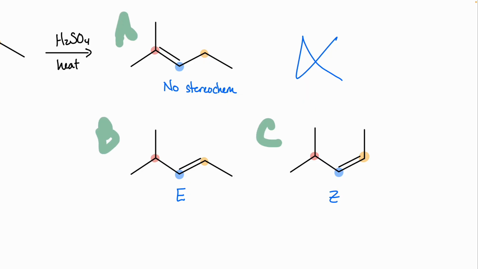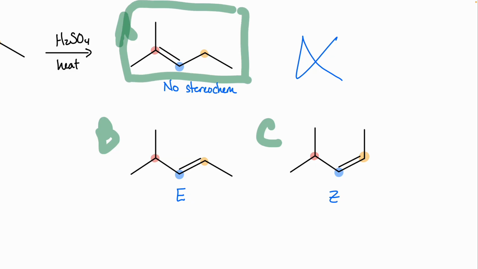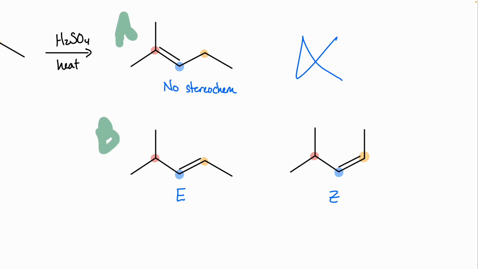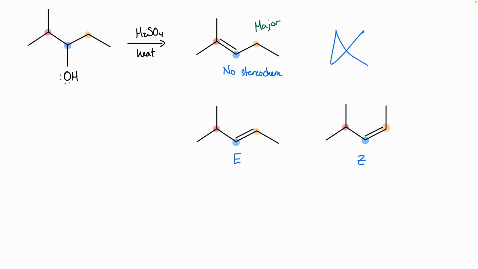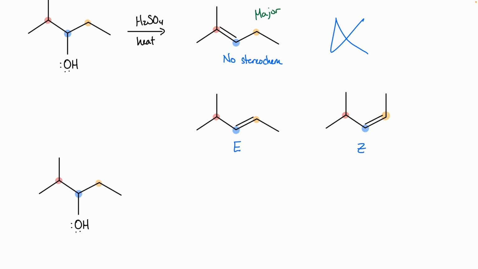A, B, or C? A, my more substituted alkene here, my more substituted carbon-carbon double bond. This is my major product. Okay, I just want to note I had kind of intended to put one extra carbon on here just to make a point that this would indeed have 4 potential products.